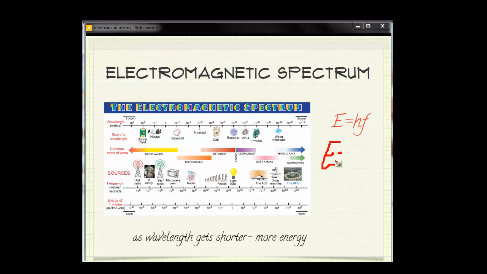The correct notation should really be energy equals Planck's constant times nu. This is the symbol for frequency in physics. It's a Greek letter of the alphabet called nu. It means the same thing as frequency. So since frequency is a little bit clearer, I'm going to use F for frequency. Now you see on this electromagnetic spectrum, as the wavelength gets shorter, the frequency gets higher, and there's more energy in that light wave.